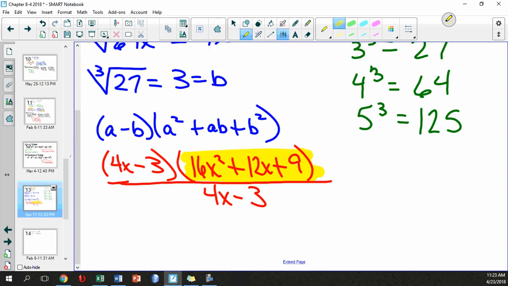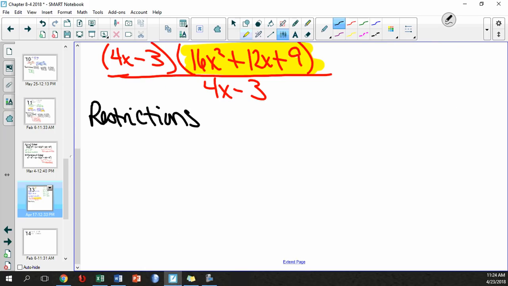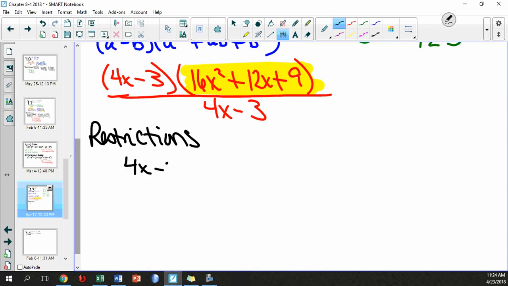But we cannot forget to do domain restrictions, correct? So from here, we're going to go ahead and say, well, what are my domain restrictions? How do I get domain restrictions? Take the 4x minus 3 and it cannot be 0. So how do I solve that?